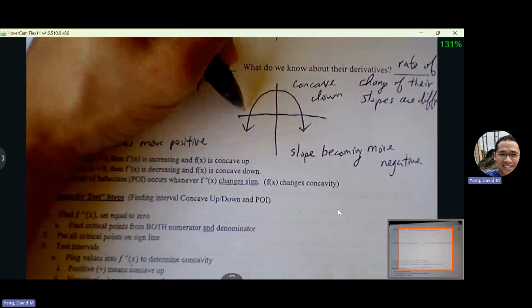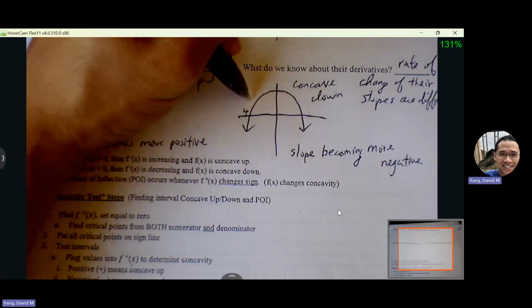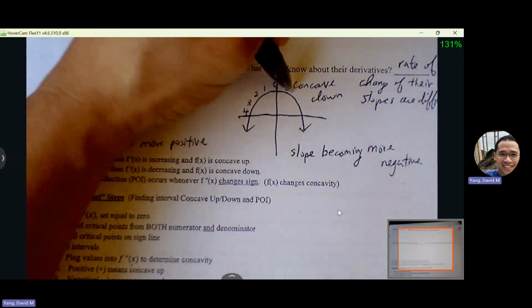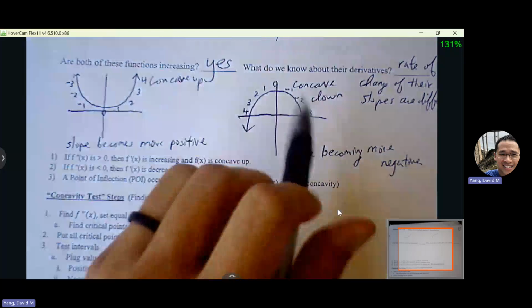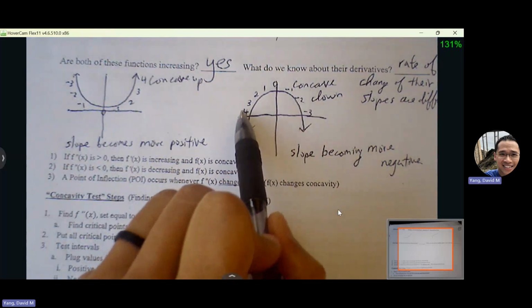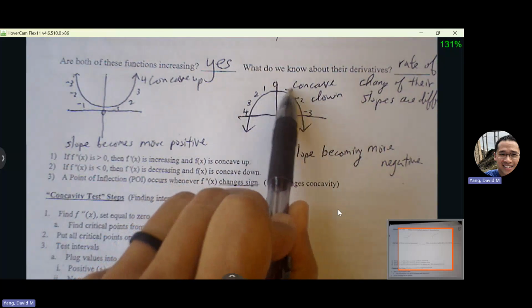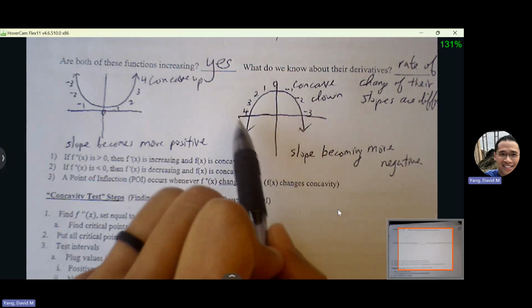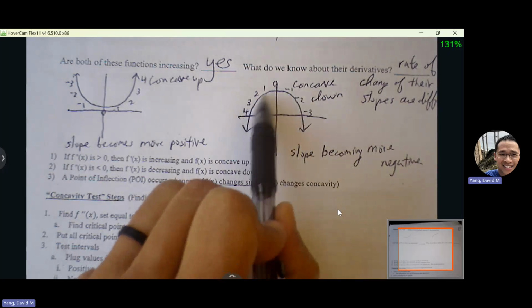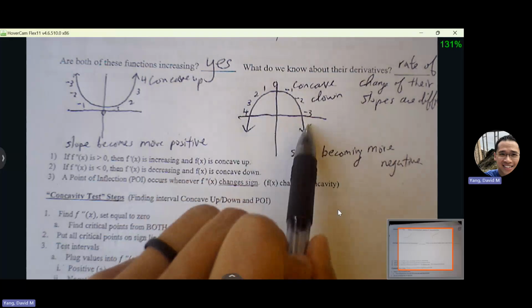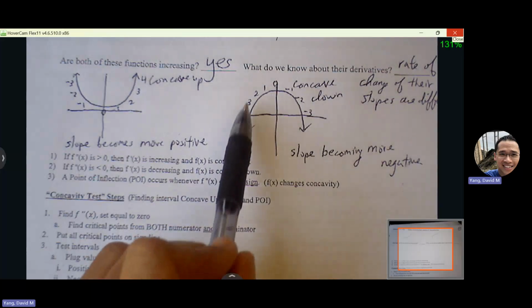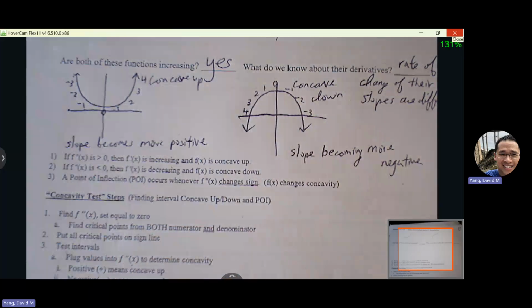So for instance, let's say this is a slope of +4, then 3, then 2, then 1, then slope 0, then -1, -2, -3. And you can see that all these numbers from left to right are headed towards the negative direction. And if that happens, then your graph is going to look like it's curving downward, or it'll represent portions of a parabola that's opening down.